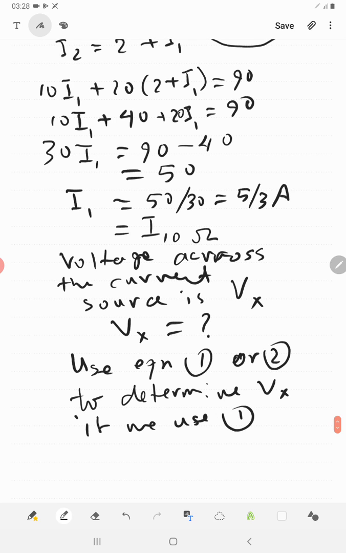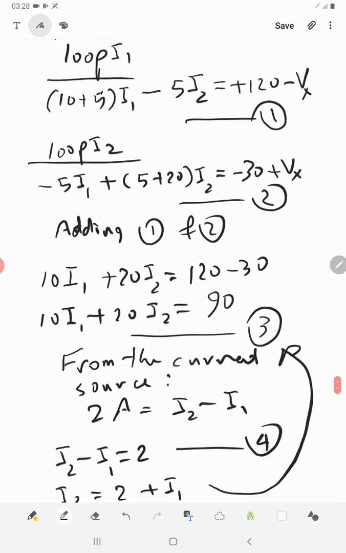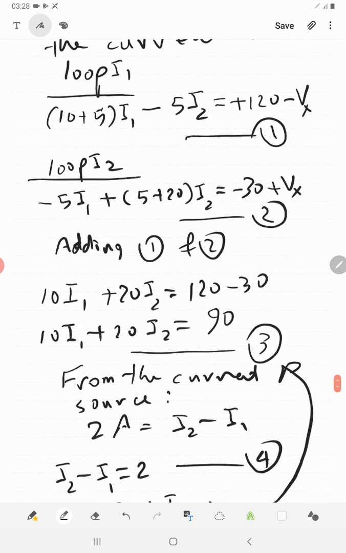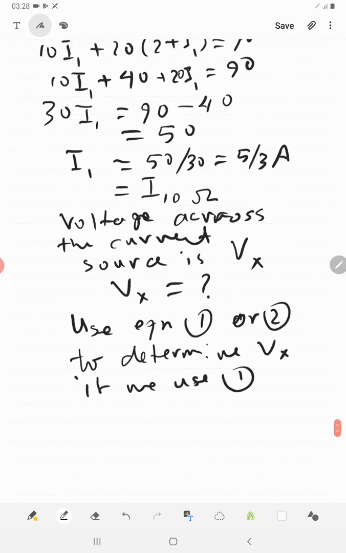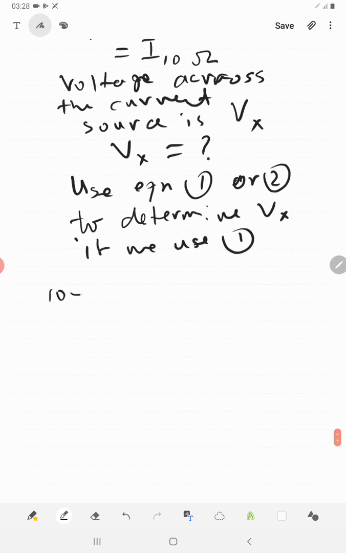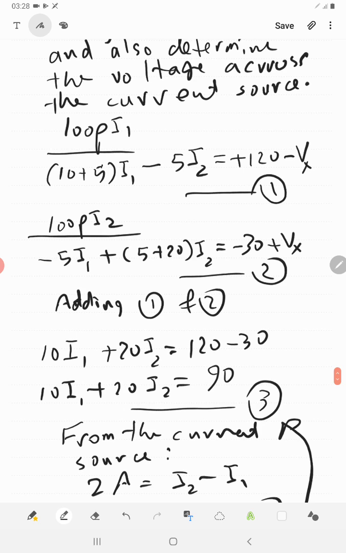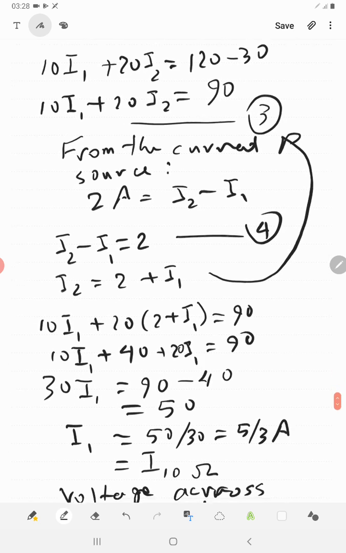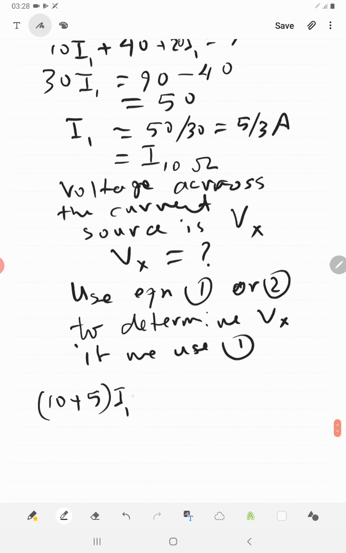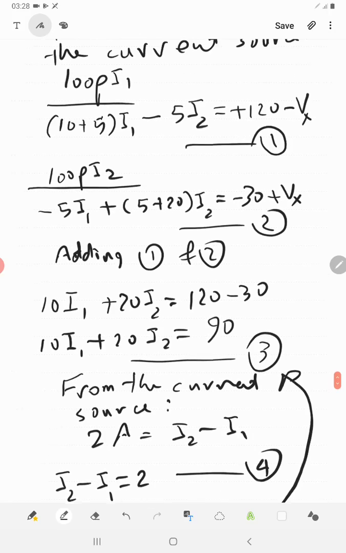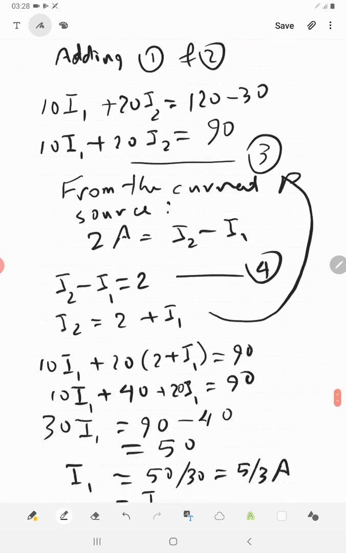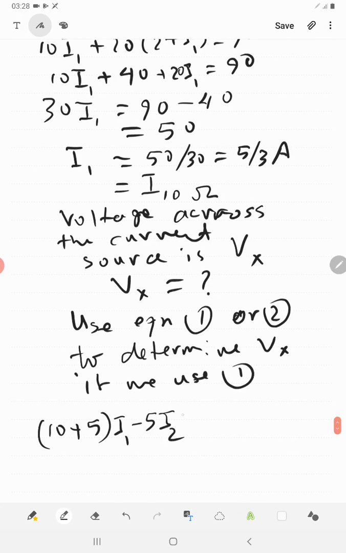If we use equation 1, then 1 says simply 10 plus 5 I1, minus 5 I2 is equal 120 minus Vx.